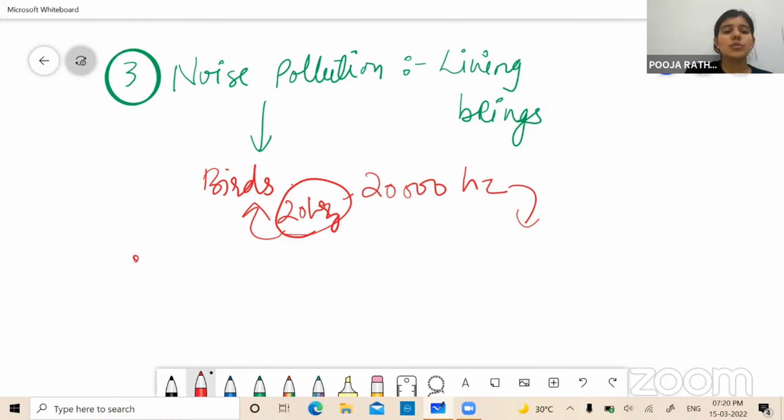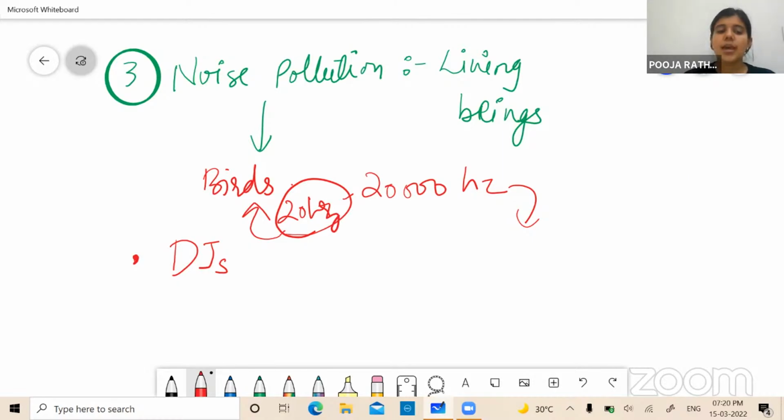Other things which create noise pollution are tapes or DJs that we run on the roads at the time of any function or marriage functions. They also create noise pollution. They just raise the volume to high levels, and that volume is not good for our ears, the tympanum membrane inside our ears.